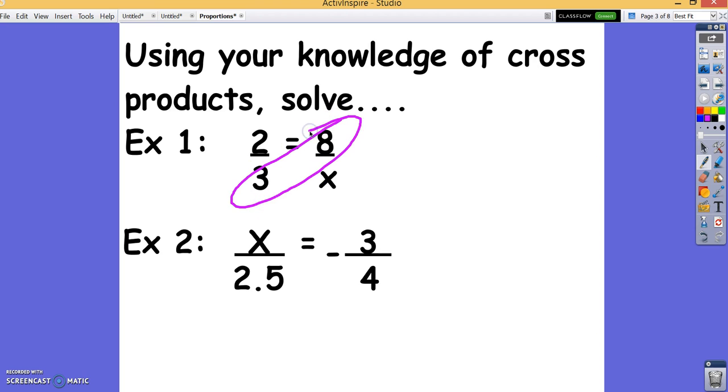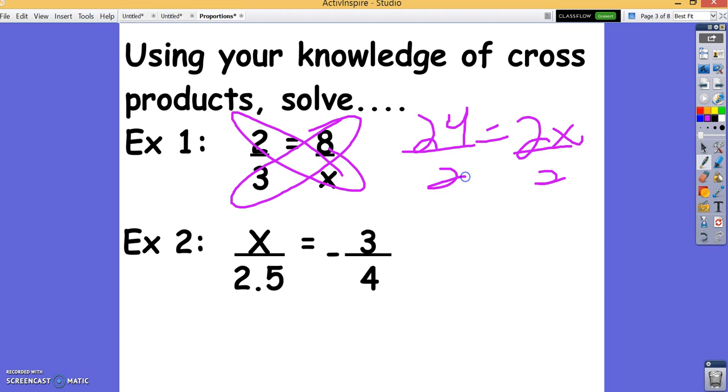So this times this is going to be equal to this times this. So one way you could look at it is 8 times 3 is 24, which is going to be equal to 2 times x, which is 2x, and then you would divide by 2, and you would find out that 12 equals x. So you would find out that the answer you were looking for was 12.